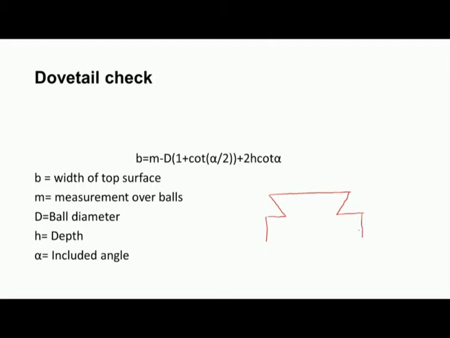Now, we have rollers or balls of the same diameter kept in position like this, and we can take the measurement over rollers or balls. So, this will be M. So, M is the measurement over balls or rollers, and then this is B.